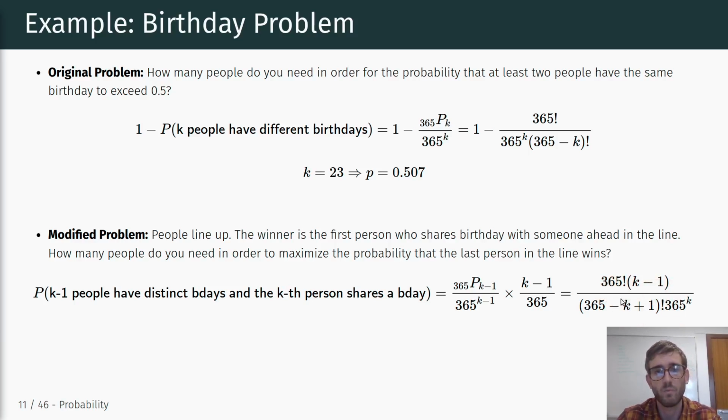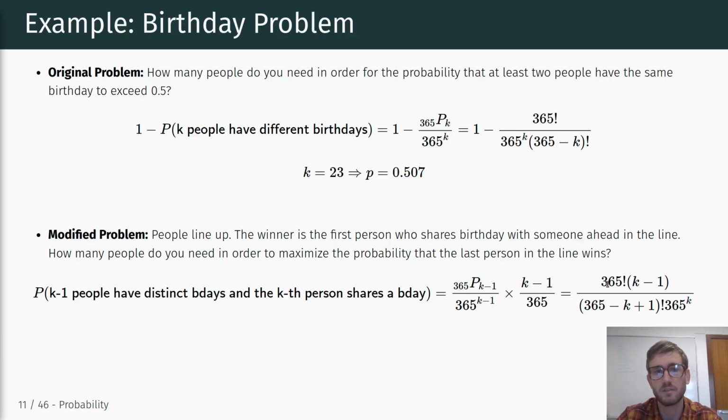One thing, and that's a general piece of advice if you're working with permutations or combinations or combinatorics in general: one thing that is very common is that these numbers, 365 factorial or 365 to the power of k and so on, become incredibly large.